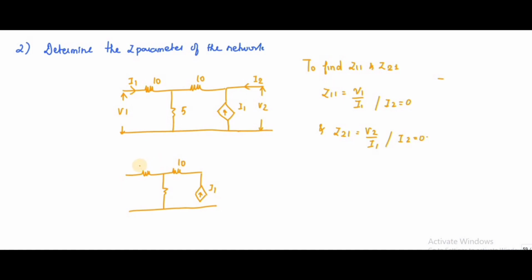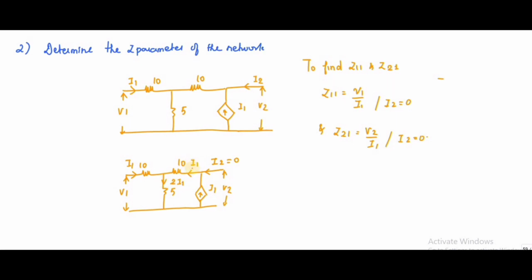According to Kirchhoff's current law, this is your I1 and this is 5, and since I2 is 0, this is V2 and this is V1. What is the current flowing through this one? It is I1, right?